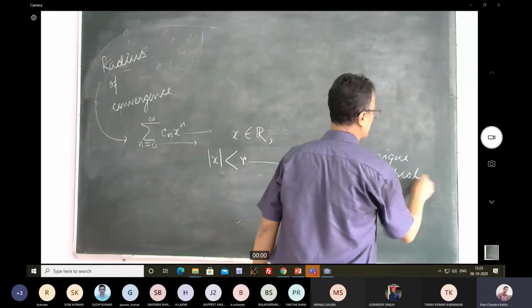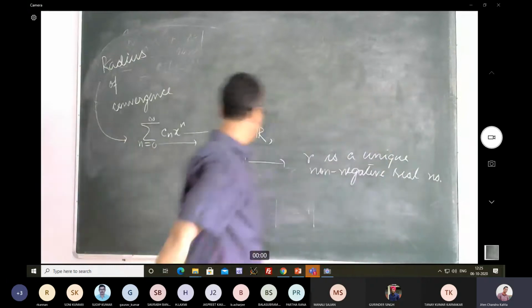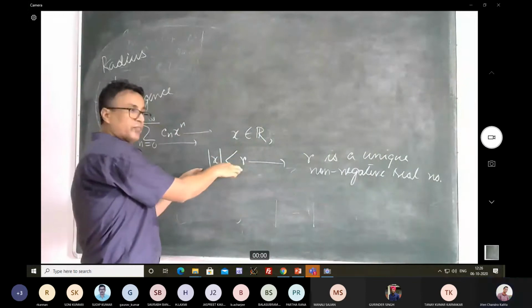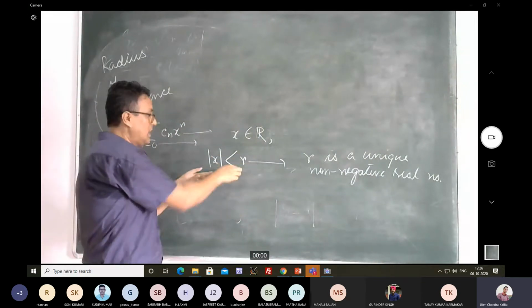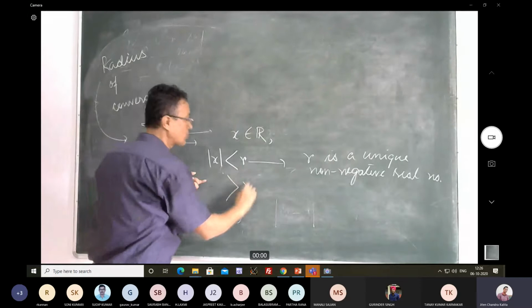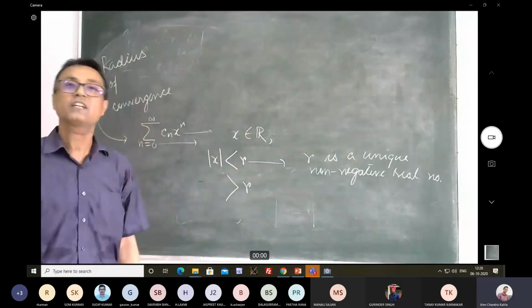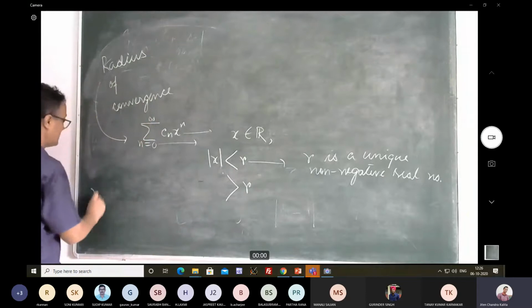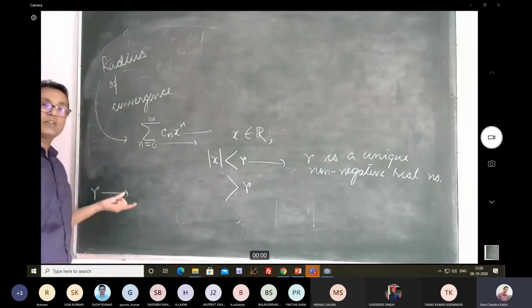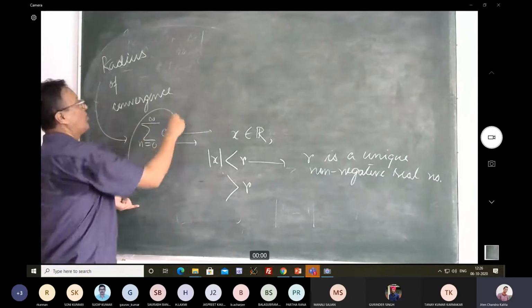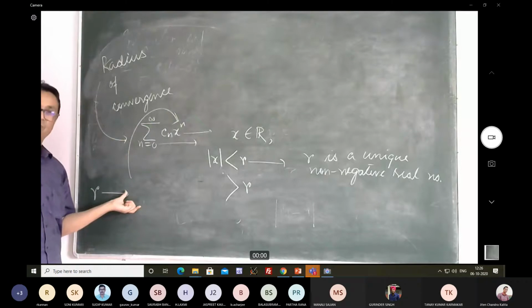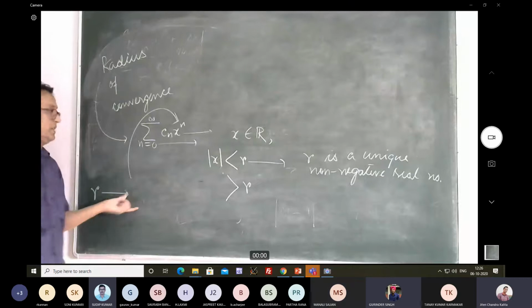It converges for mod x strictly less than r, and it diverges for mod x strictly greater than r. Then we say that r is the radius of convergence of this given power series. Is it okay? Fine.